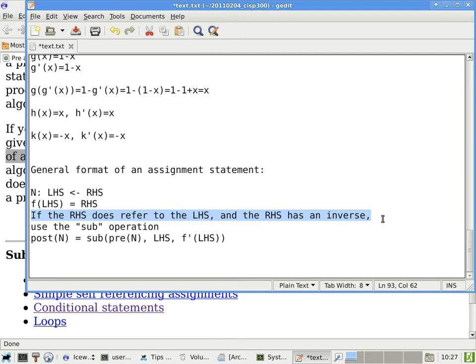Because once x becomes 0, there's no way you can go back and say what x was before the statement. So there are strange cases where you cannot invert it. Or x minus x, same thing. If I say x gets x minus x, you know for sure after that statement x becomes 0. But there's no way to reverse and say what it was before. There's no way to reverse that.